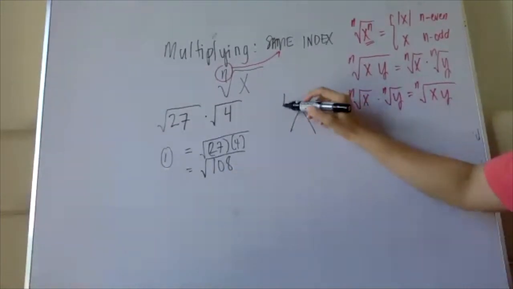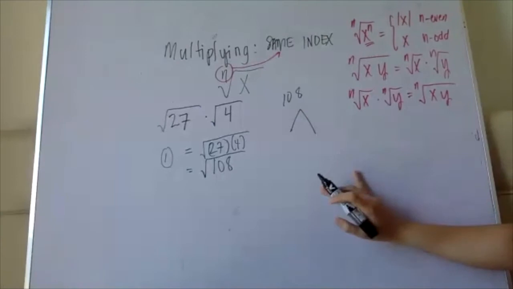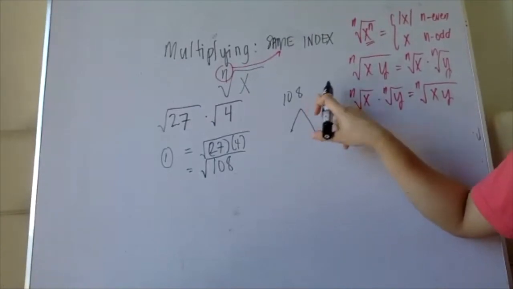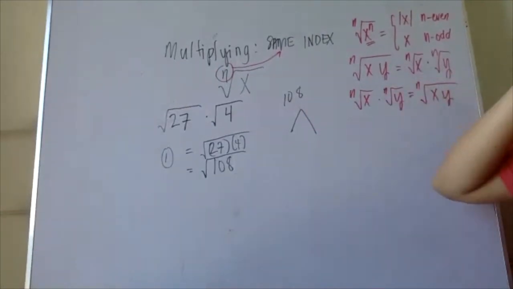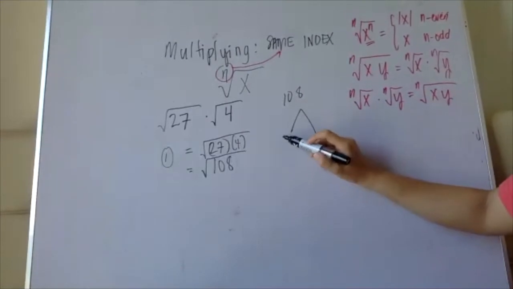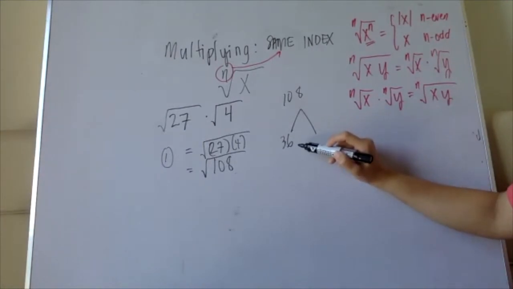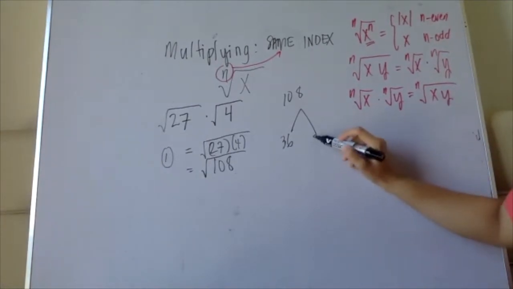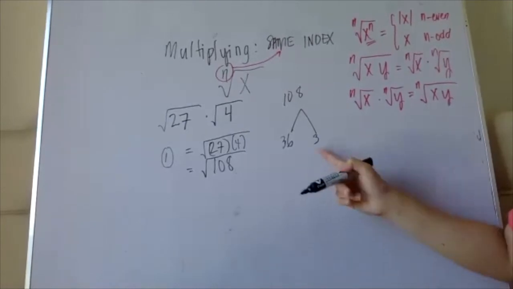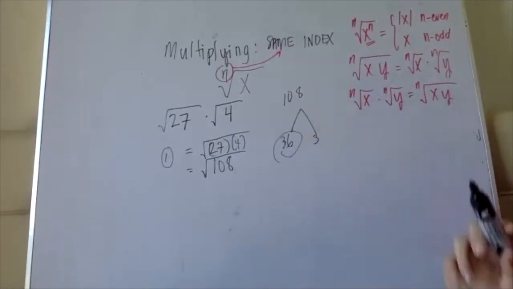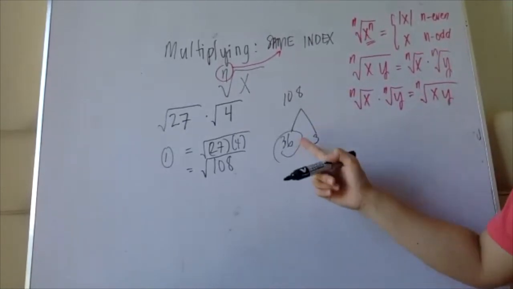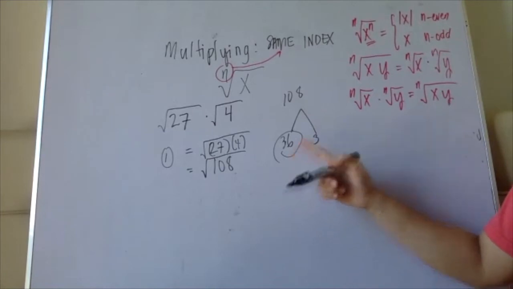It's up to you whether you prime factor it or identify the factor that is a perfect square. I know that this is equal to 36 and 3. Okay, 36 times 3 is equal to 108. It's a perfect square, so that's the factor I chose.